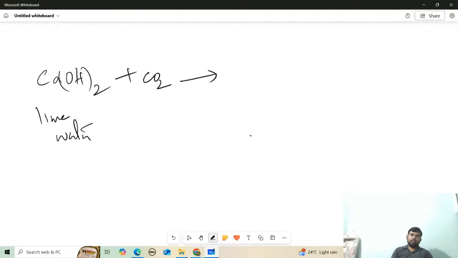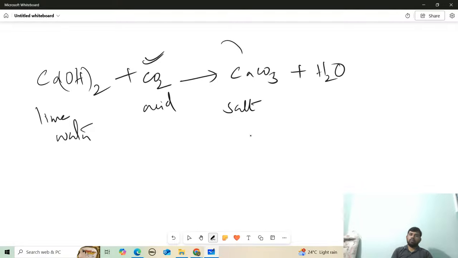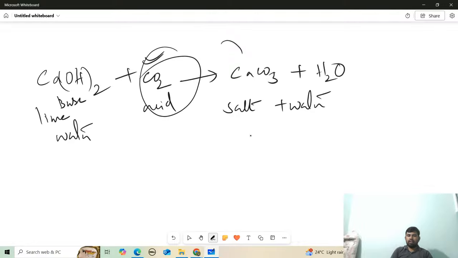It forms CaCO3 plus H2O, salt and water. What is the nature of CO2? This is acid, because with a base it produces salt and water. So non-metal oxides are acidic.